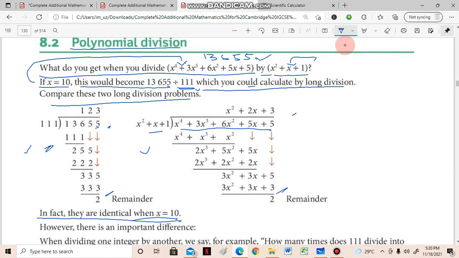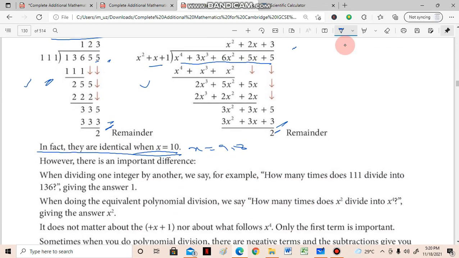Because we have seen above that when x is equal to 10 is placed in this equation and this equation, we get 13655 and 111, and when we divide these both, we get the remainder of 2, which we get over here as well. So this is what is making them identical. If x would have been 9 or 8 or any other number, then we would not have got the remainder of 2. So they are identical when x is equal to 10.